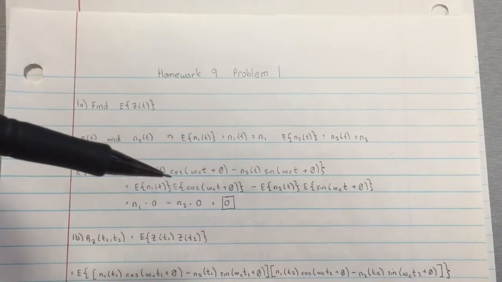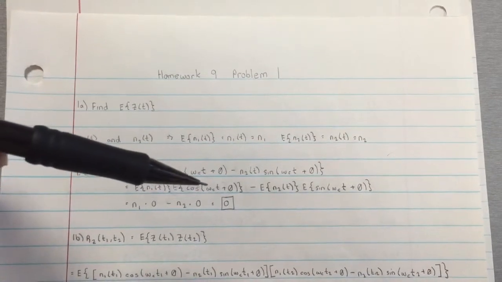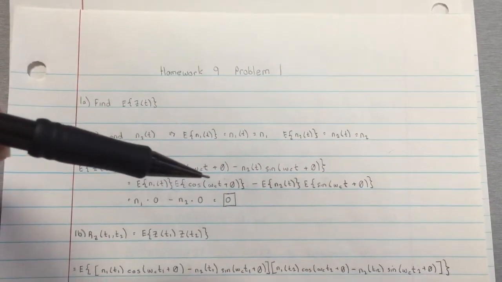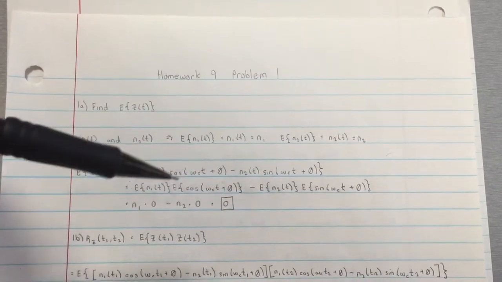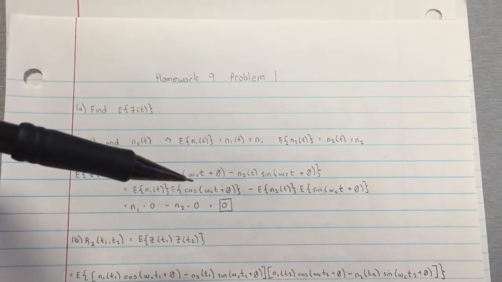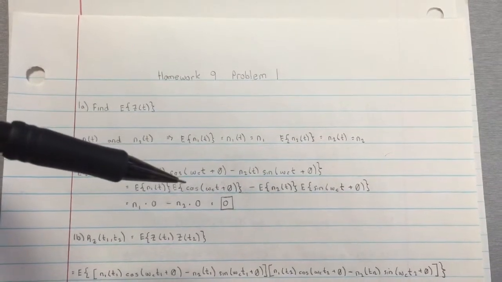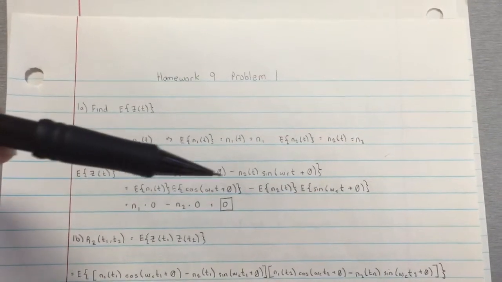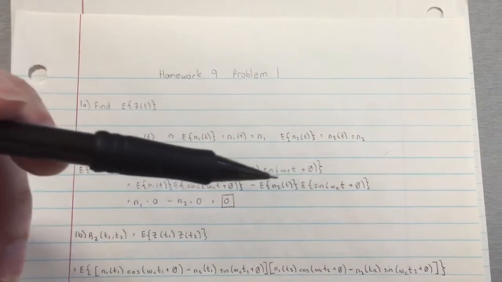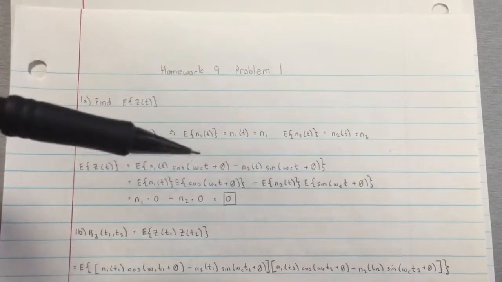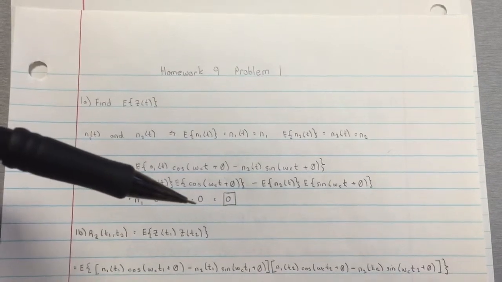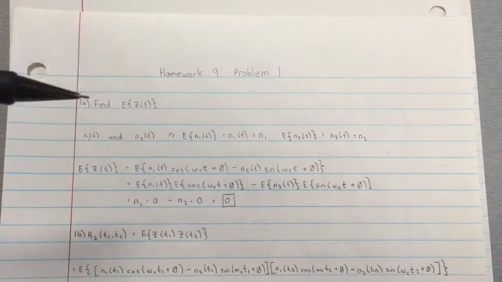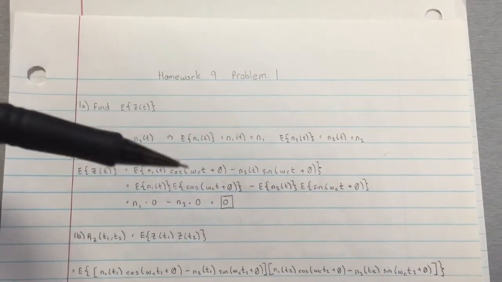And since we know the expected value of this cos function over the bounds which were given, which is from 0 to 2 pi, this is going to be equal to 0. Because from 0 to 2 pi, the cos function has an expected value of 0. And similarly, the sine function from 0 to 2 pi has an expected value of 0. So this becomes just n1 times 0 minus n2 times 0, which is going to give us 0. So the expected value of z of t is going to be equal to 0.